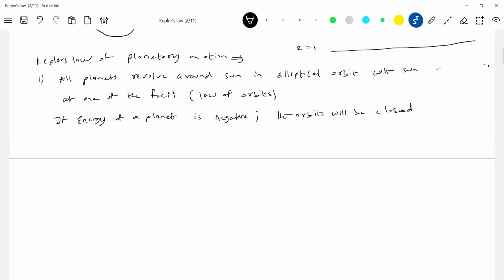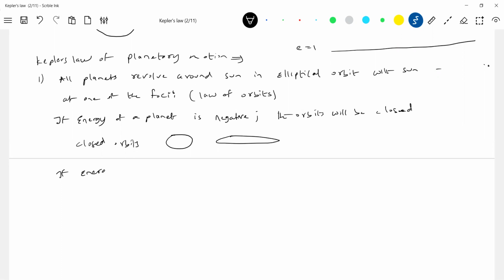What are closed orbits? Closed orbits are circle and elliptical. These are called closed orbits.